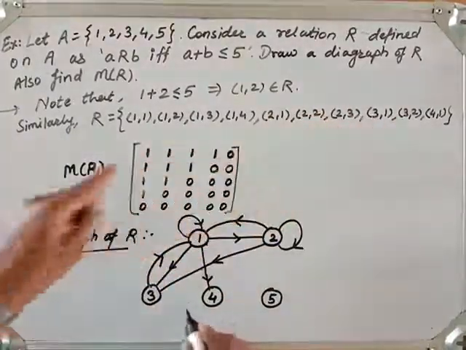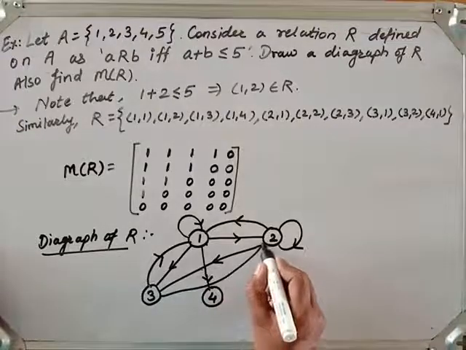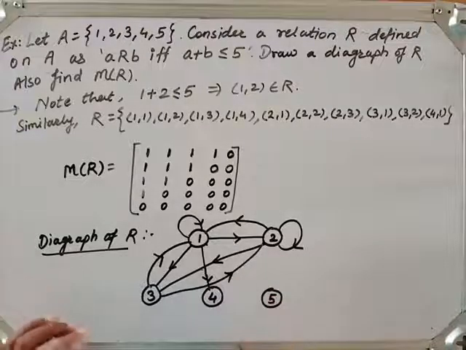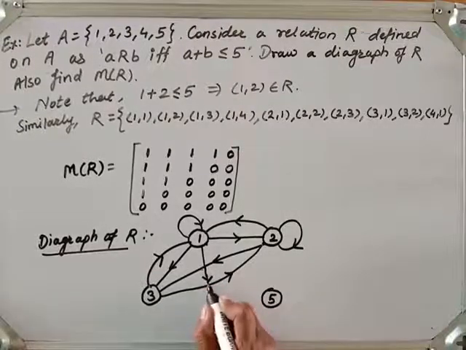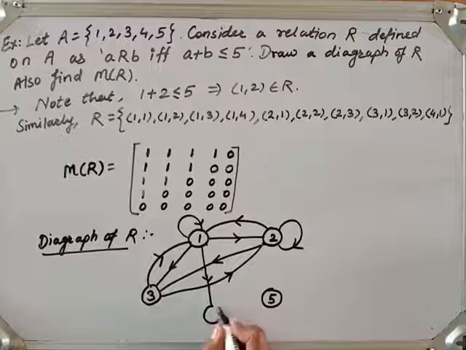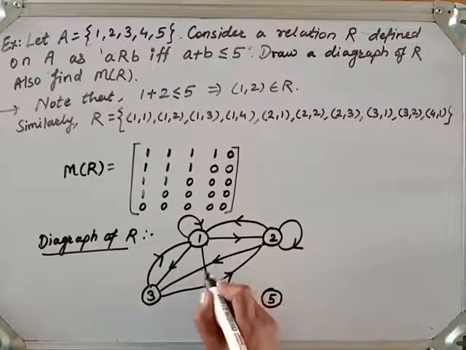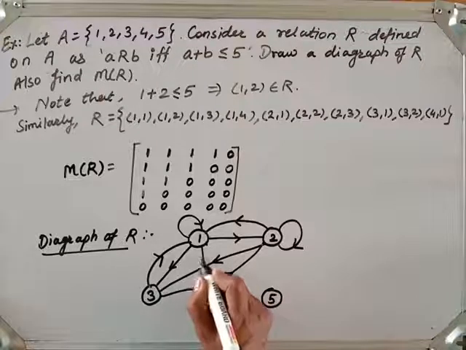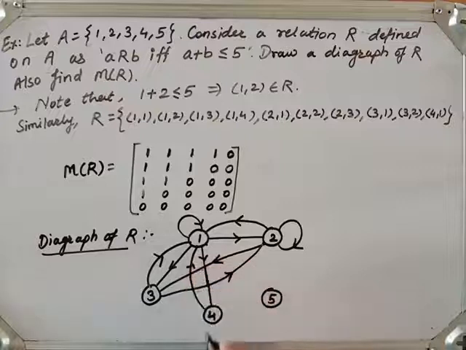Now 3 is related to 2. 3 is also related to whom? 2. 3 is related to 2 also. Fine. Now 4 is related to whom? 1. 4 is related to 1 again. So suppose it is as such. So this is our digraph here. 5 is a singleton, it will be aside here.